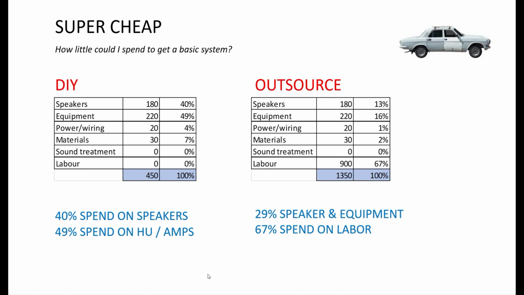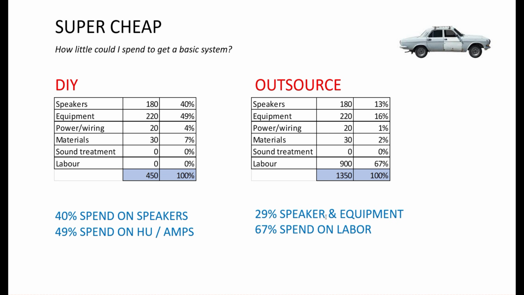So when you have a look at DIY versus outsourcing, if we do it ourselves, $450. If we give it to somebody else to do, and they spend a day or two doing the work for us, they're going to charge us $900, then it's quite a jump. In fact, the labour for your total project is about 67%, or at least 70%, right?